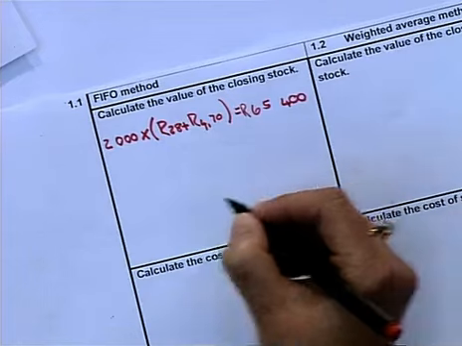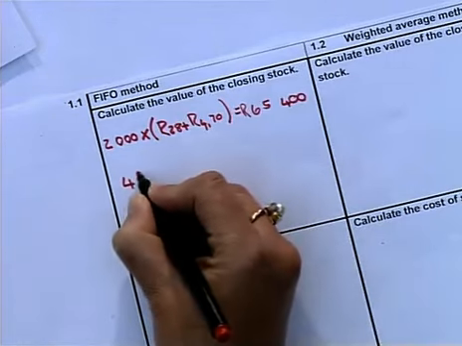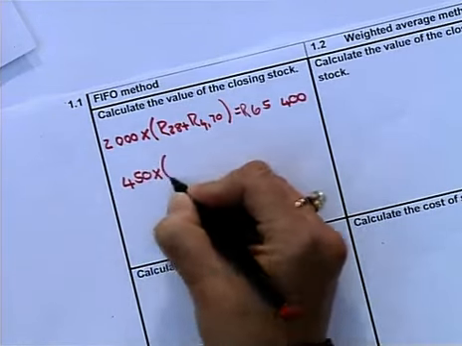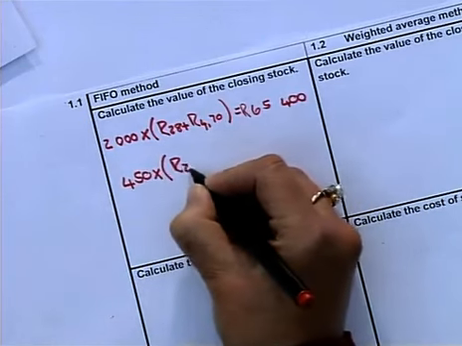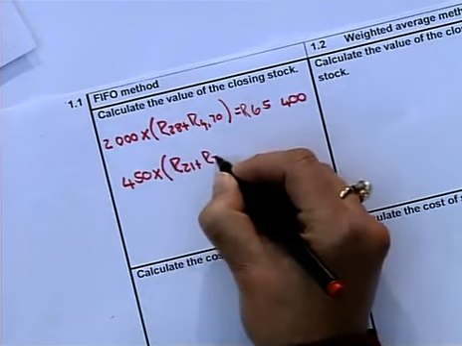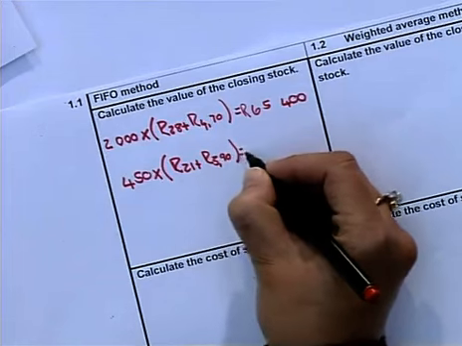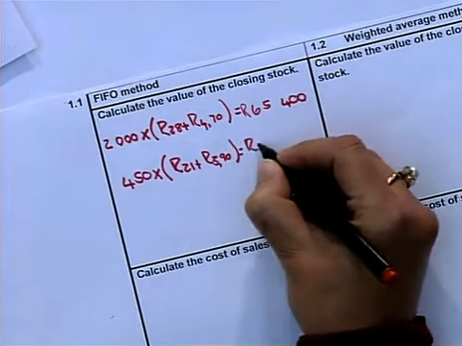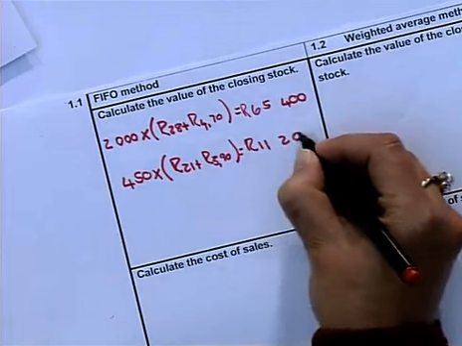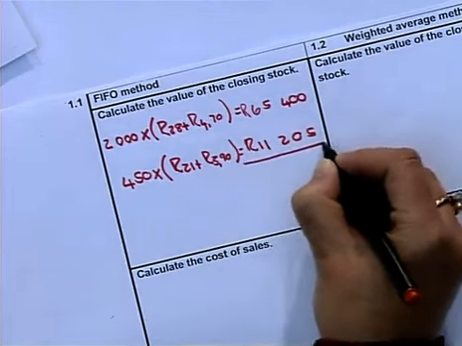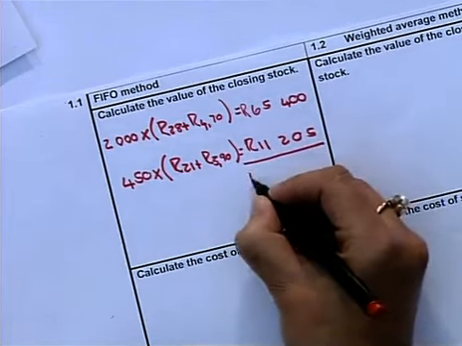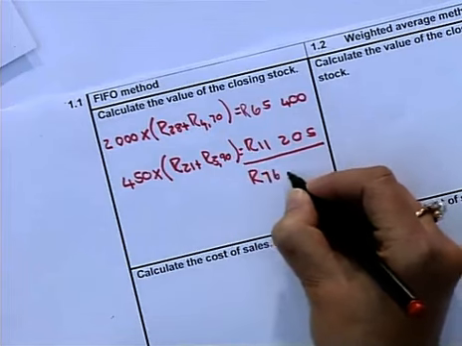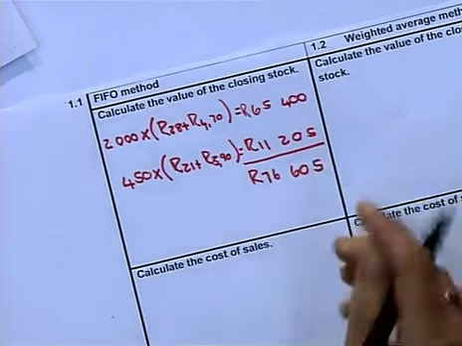Okay, plus 450, which was purchased at 21 Rand plus R3.90 carriage, which is a total of 11,205. So the total of my closing stock, or the value of my closing stock, is 605.